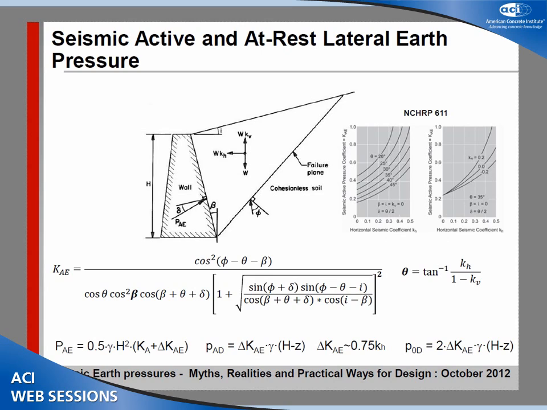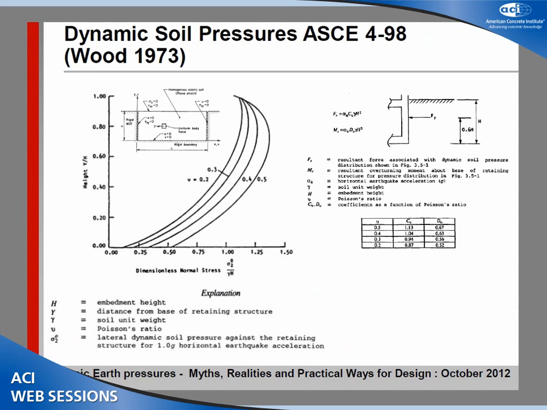Now if you say that no, in reality the structure is not moving, I should be using the at-rest. One simple way to calculate the at-rest is to say that it is twice the value of the active, and that is also widely used.